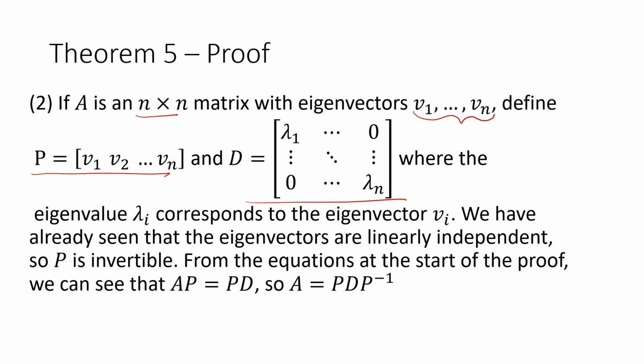So, each eigenvalue has a corresponding eigenvector. And when you take these and multiply them out using that stuff we saw at the start, you get AP equals PD, and so it's diagonalizable. Okay. So this proof goes both ways.